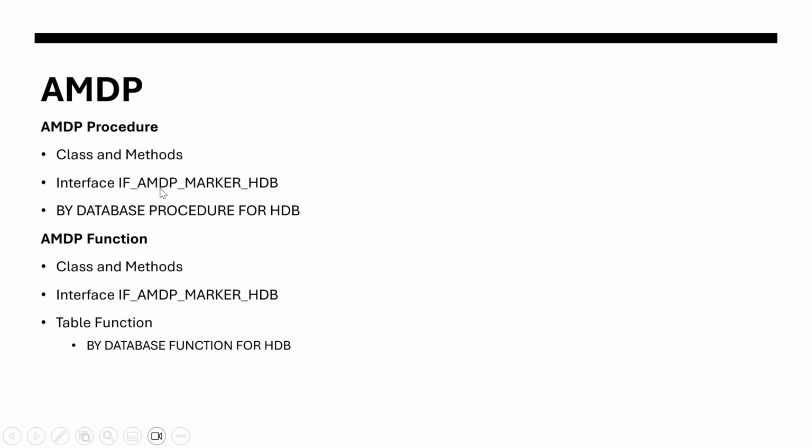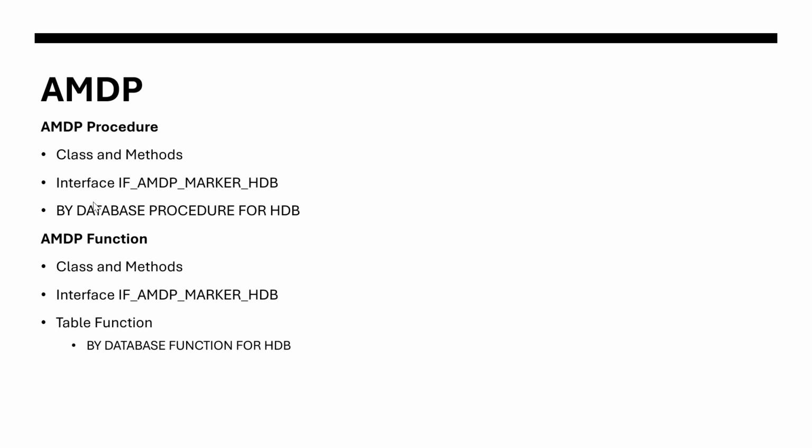While implementing the method, we will have some additional code apart from the method name, that is BY DATABASE PROCEDURE FOR HDB, the language we will give, and options we will give. Here I have just written a small piece of code which we will write after the method implementation. For example, you are implementing a method called AMDP procedure.